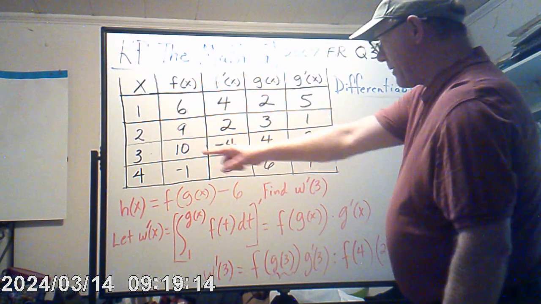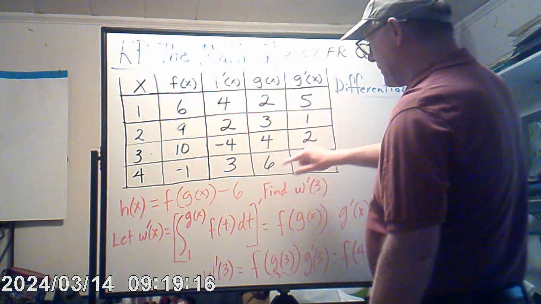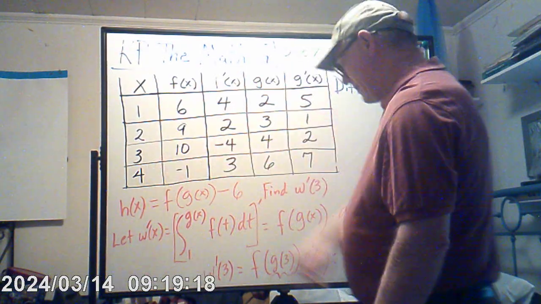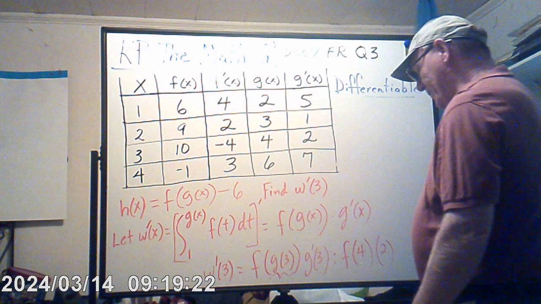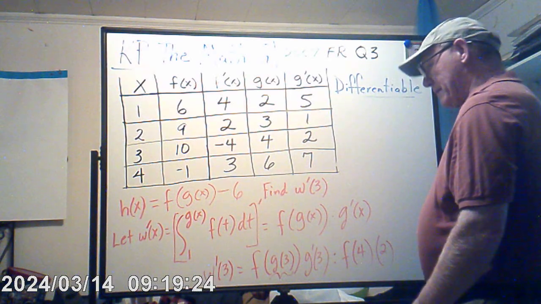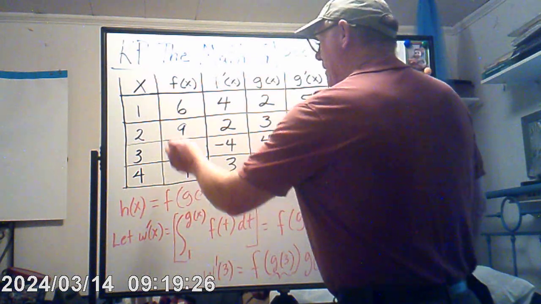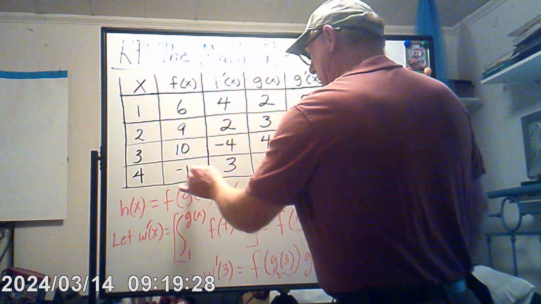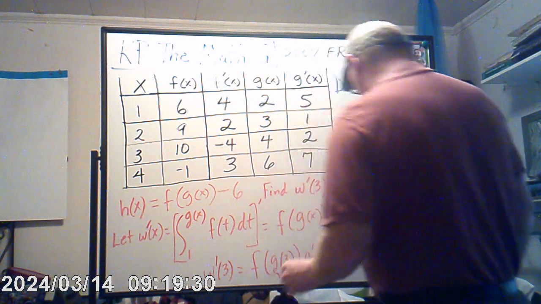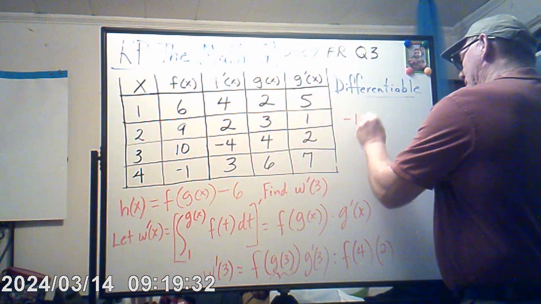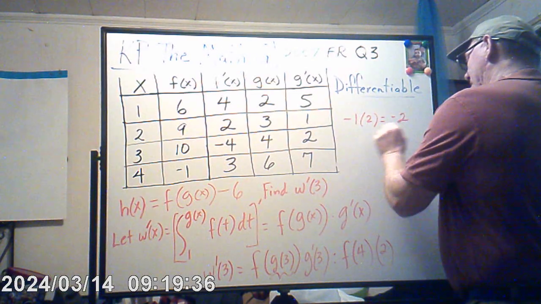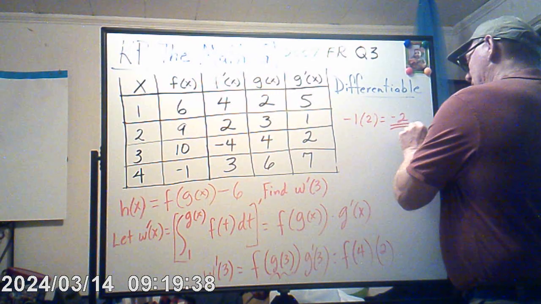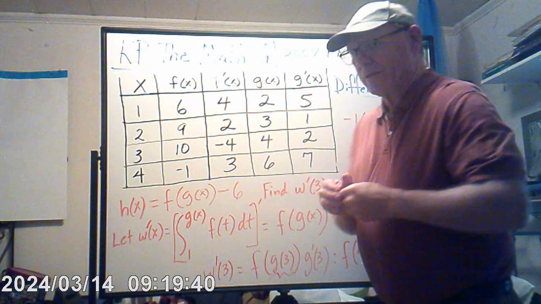Now F at 4. Alright, so F at 4 is -1. So this is -1 times 2, which is -2. Alright, that's it. And I'm just going to let that be.